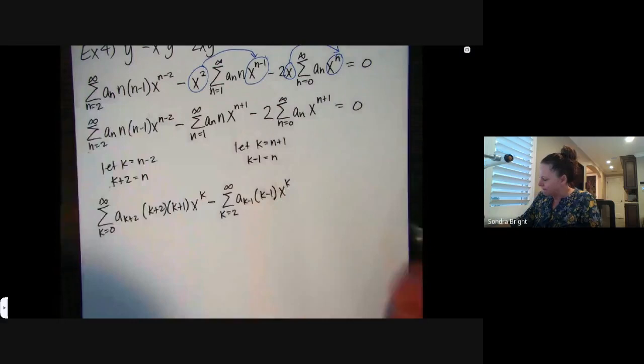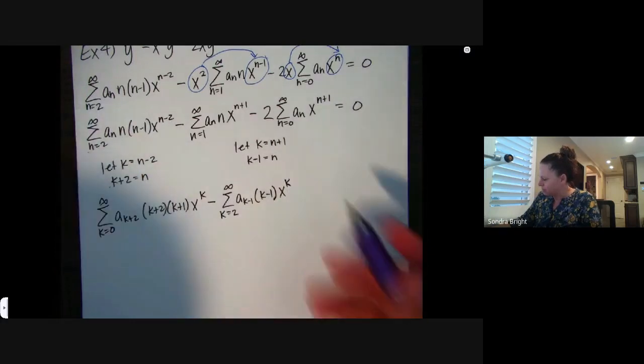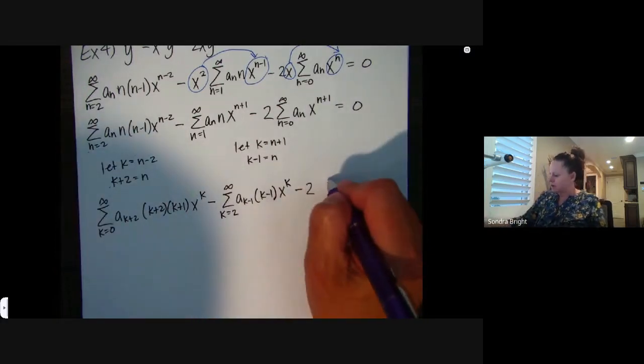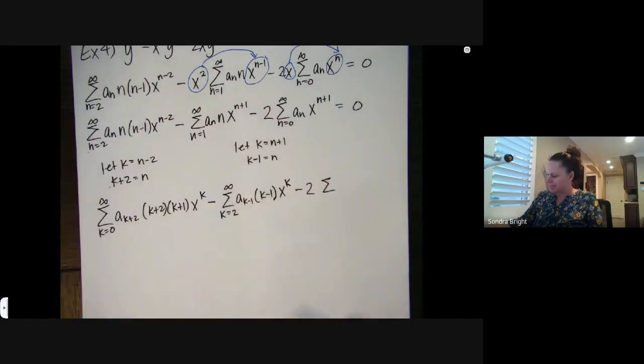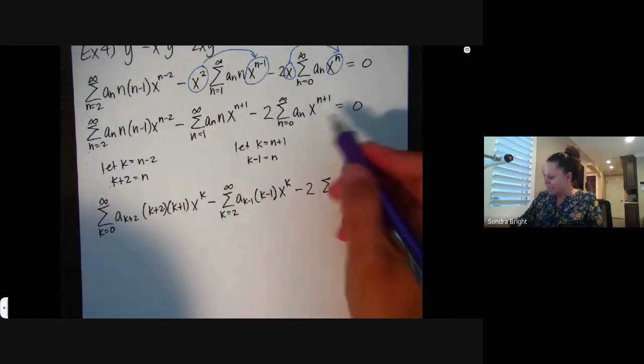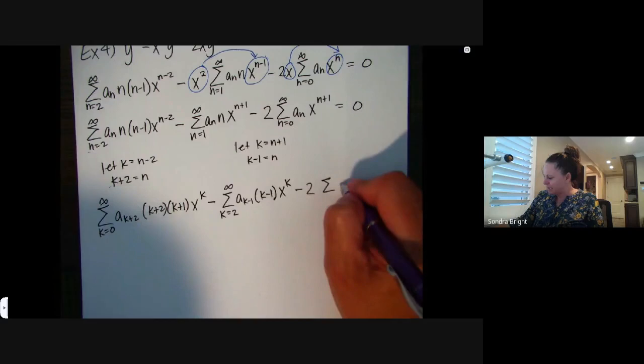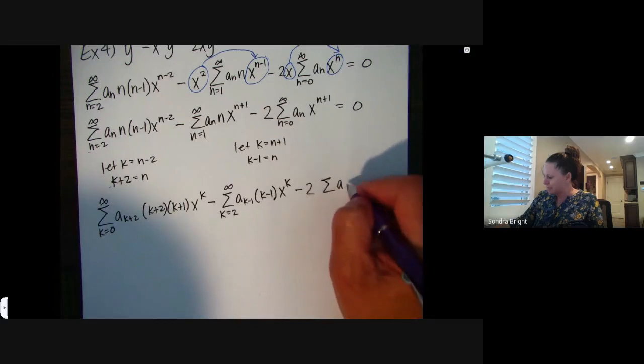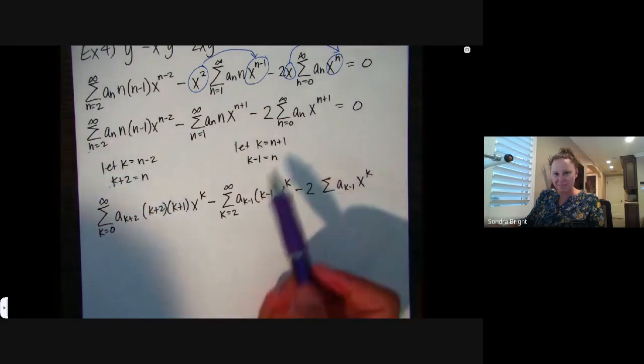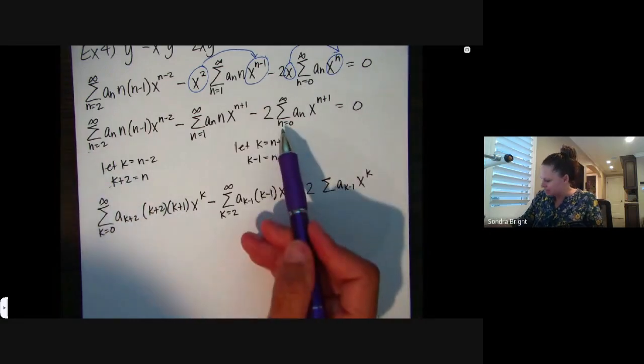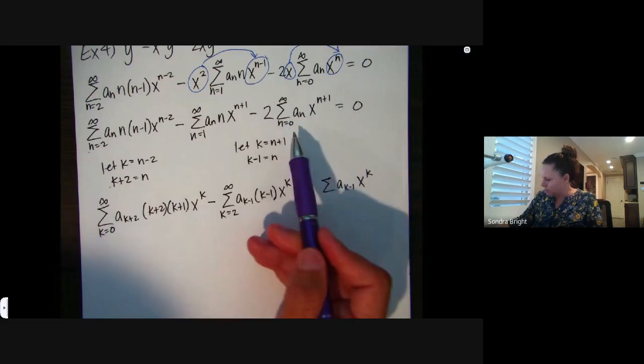And then a minus 2 times an a sub k minus 1, x to the k. n is now at k minus 1. k minus 1 equals 0 means this guy will be at k equals 1 to infinity.